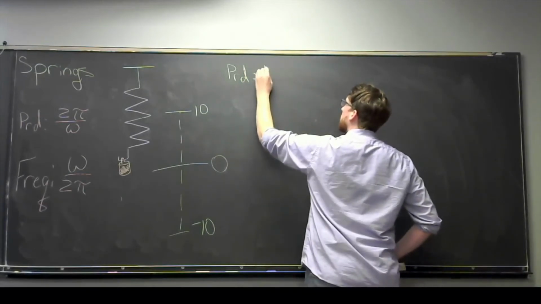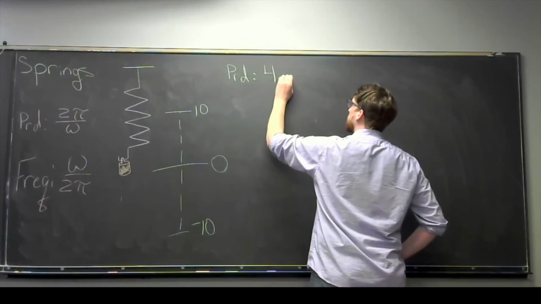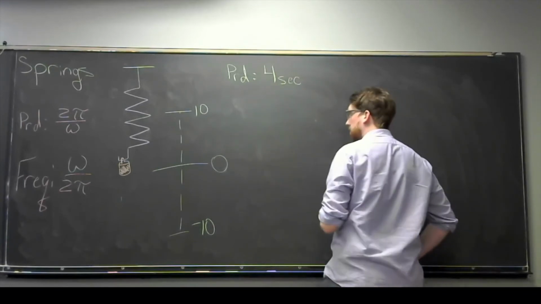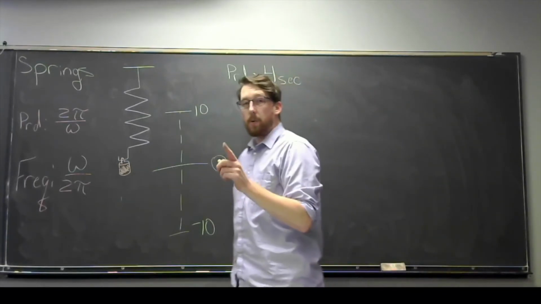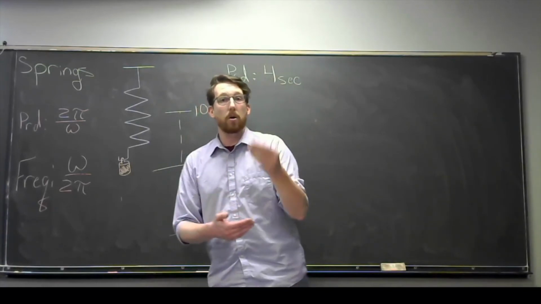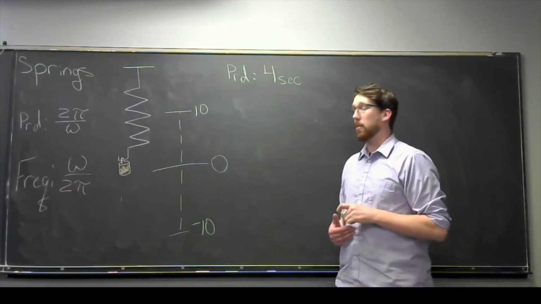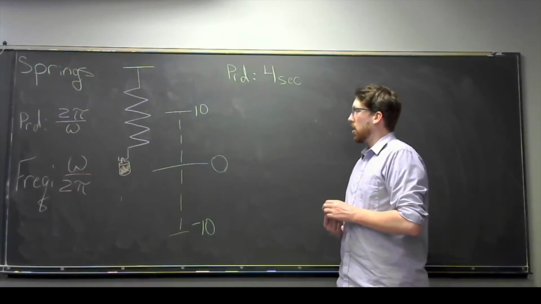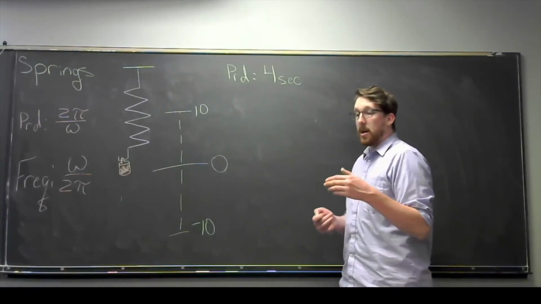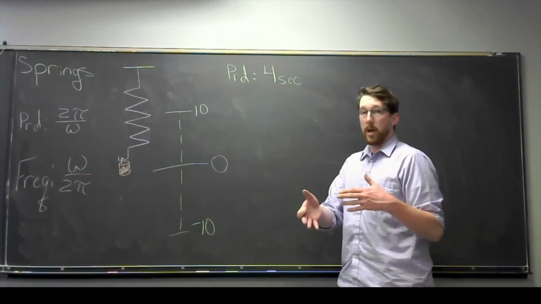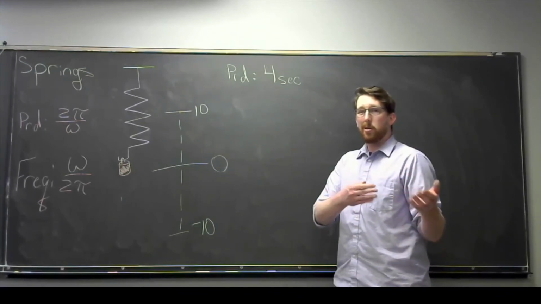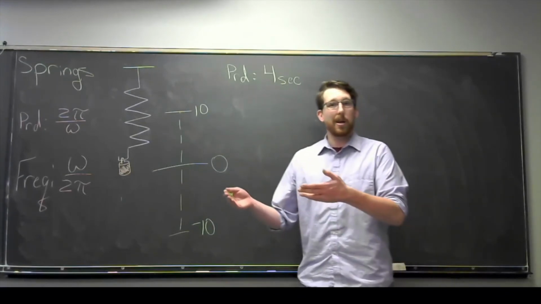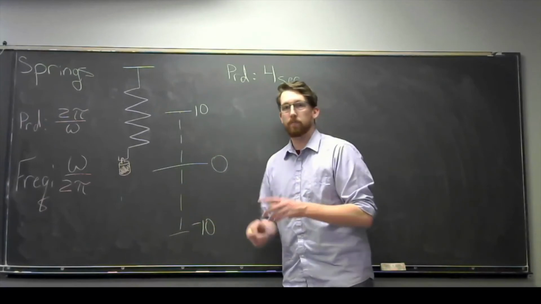And we know that the period is 4 seconds. Now I said we want our model to work starting at the equilibrium point. That means in our choice between sine or cosine, we're going to want to use sine, right? Because sine at 0 is 0.